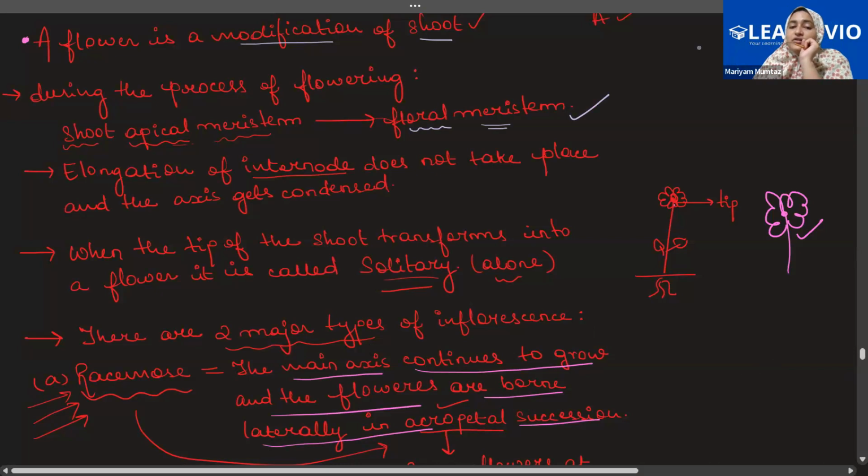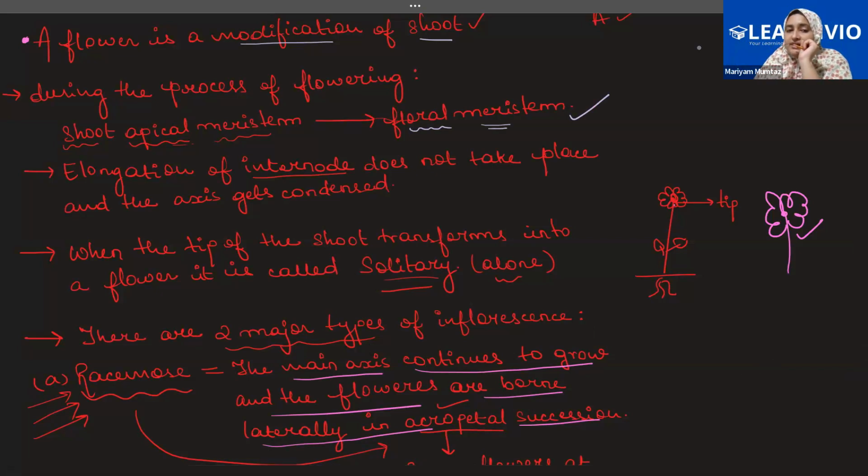Now, elongation of internode does not take place and the axis gets condensed. So while the shoot apical meristem is being transformed into floral meristem, at that point in time, internode elongation does not happen. Because if the internode elongates, meaning more and more stem will be formed. Here, we are talking about the formation of the flowers.